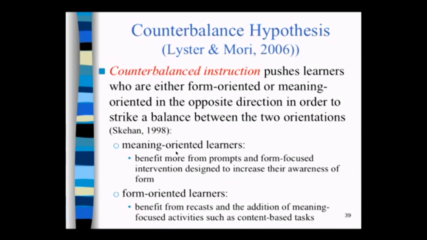In this light, we suggested that form-oriented learners would probably benefit quite well from prompts because they can notice them, and it also allows them to stay focused on meaning, which is important. But learners that are very meaning-oriented are going to benefit more from being prompted, and more from form-focused activities to draw their attention to language.